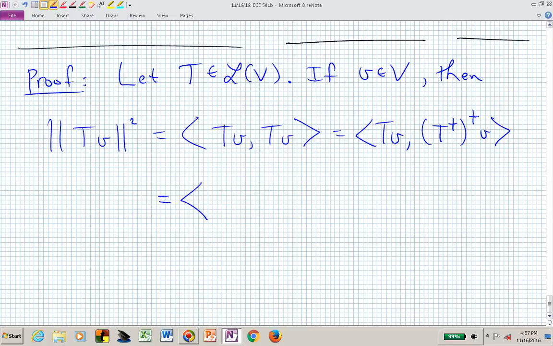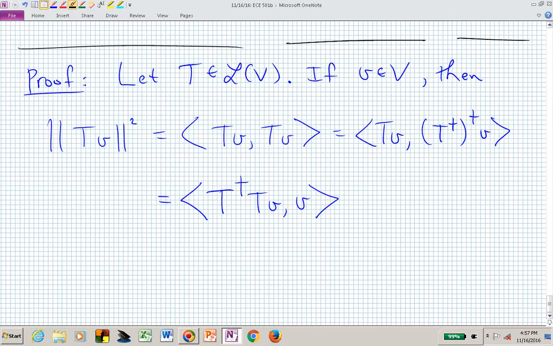I would have to have been applying T dagger to Tv because I've now daggered T dagger. And that's what I do to find the adjoint or to move an operator from one slot to the other. Hopefully that's understandable. I now have T dagger Tv, and I've now moved the operator from the second slot.